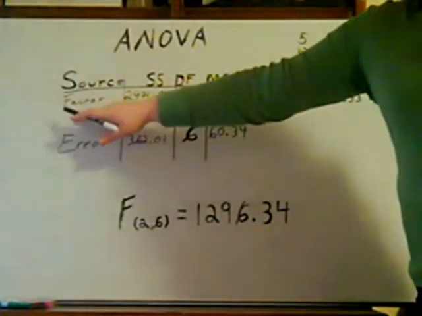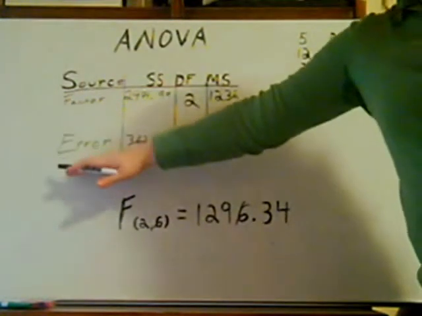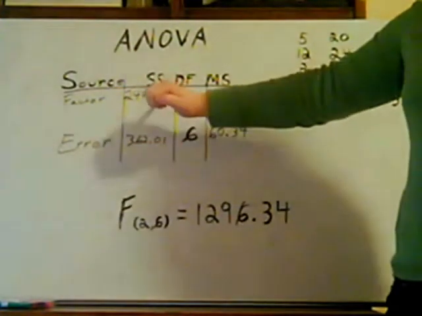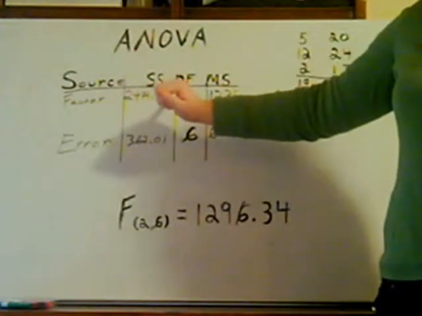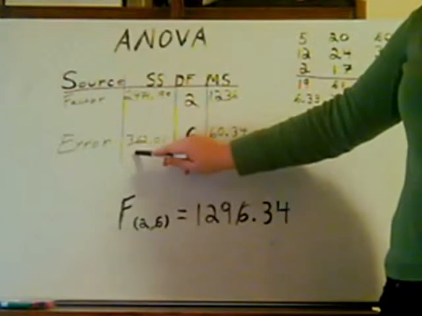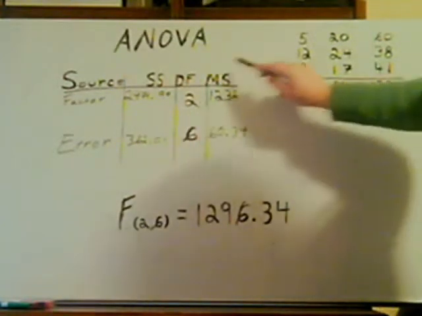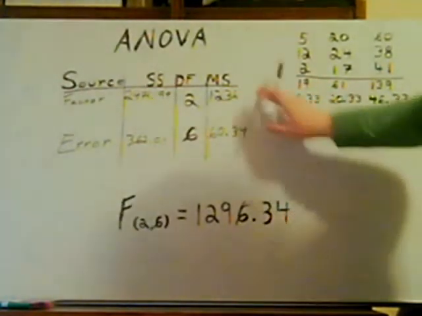The source is factor, or between, and error, or within. So SS of F, of the factor, is 2,471.99. That gets put here. The SS of E is put here. Degrees of freedom of F, degrees of freedom of E, the MS of F, and the MS of E.